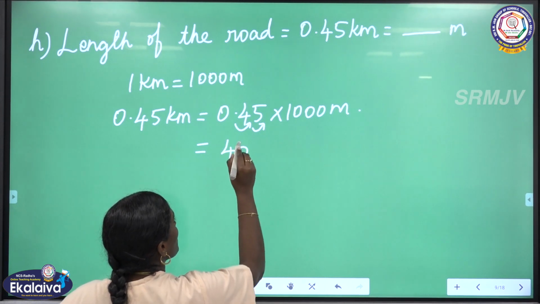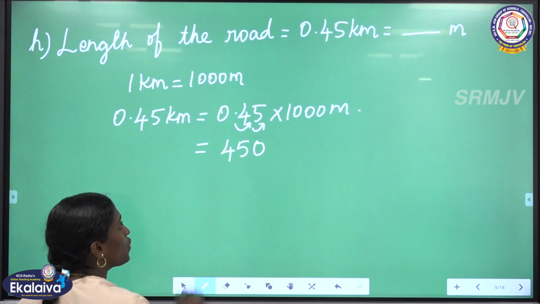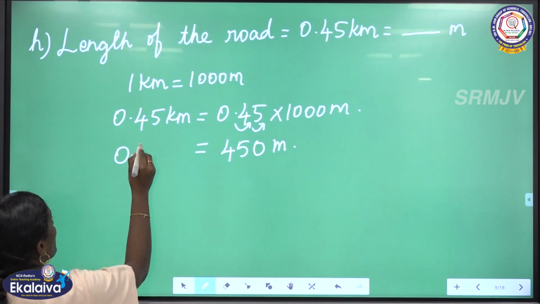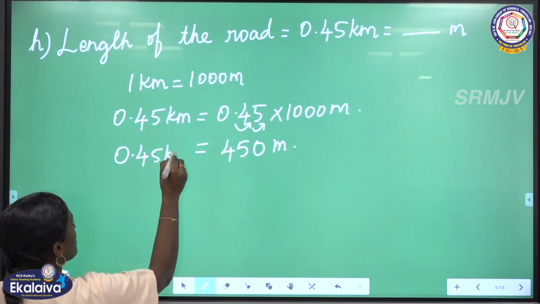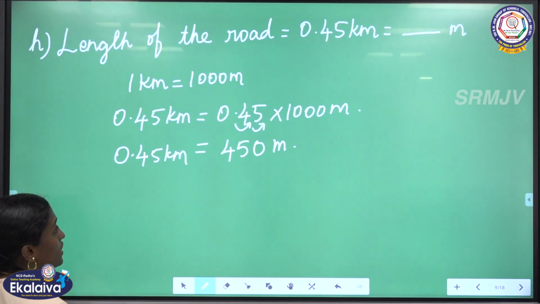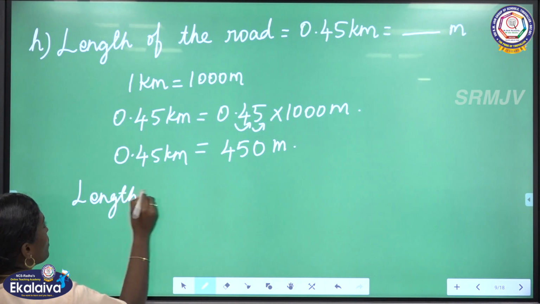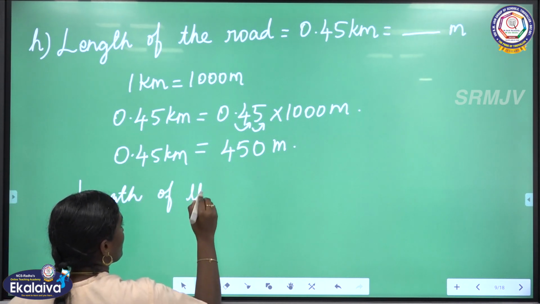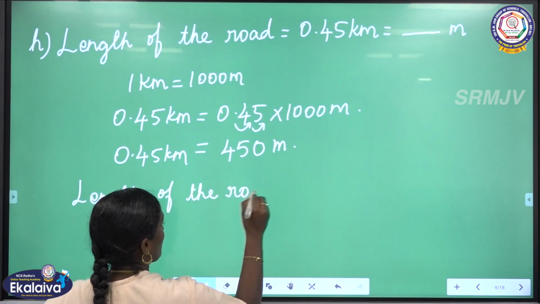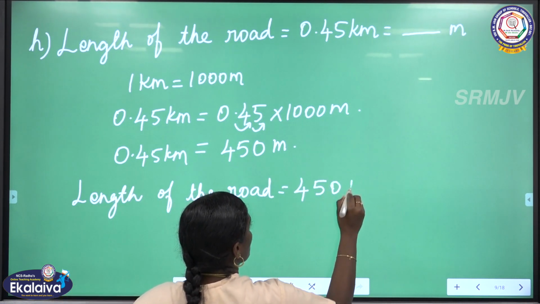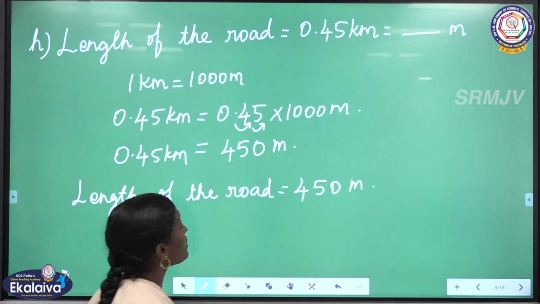For that place, we have to add 1 zero. Now, that is 450 meter. 0.45 kilometer is equal to 450 meter. So, the length of the road is equal to 450 meter. Is it clear, children?